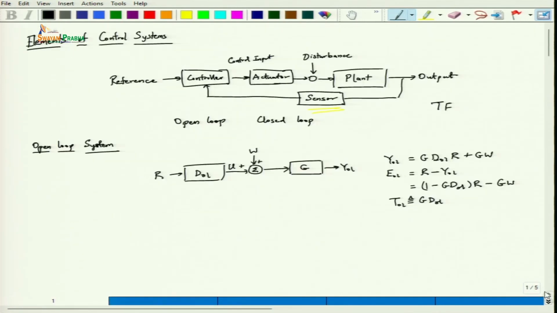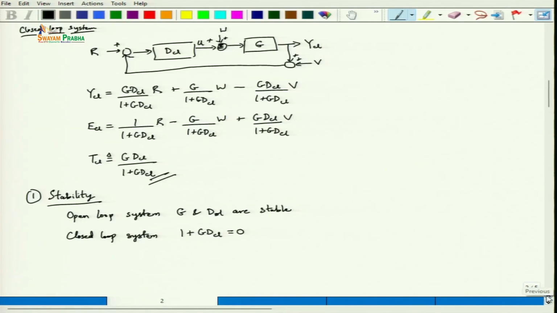So, basically if we look at these two systems, the whole idea in case of tracking is that YOL should be equal to R, or the error between the two, that is EOL, should be minimum. The same idea applies to the closed loop system, that is YCL should be equal to R, or ECL should be as minimum as possible.